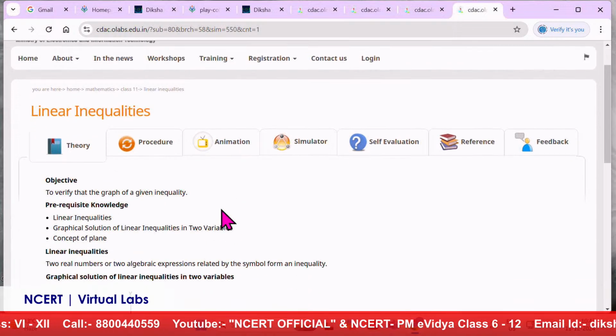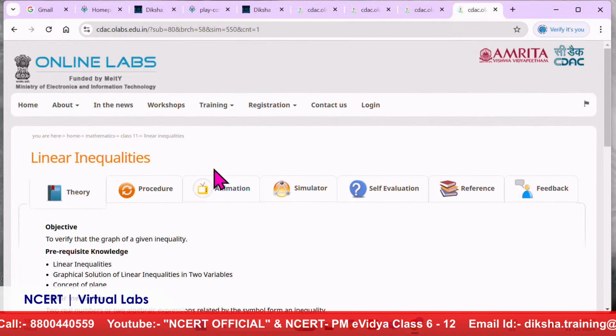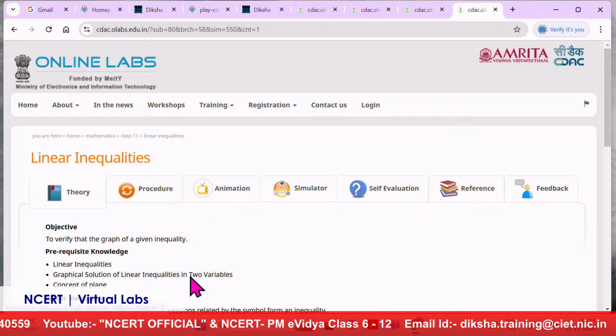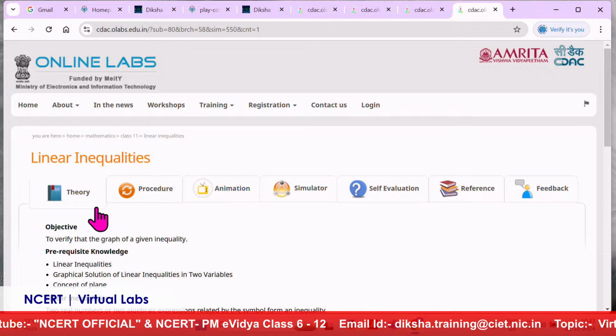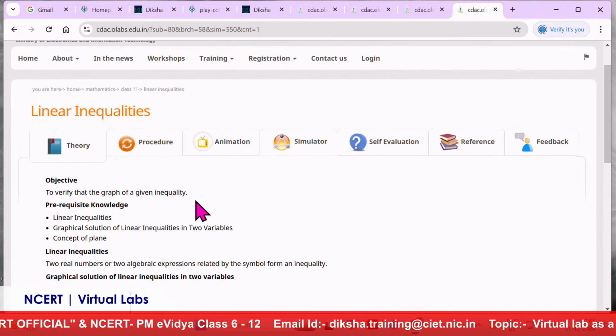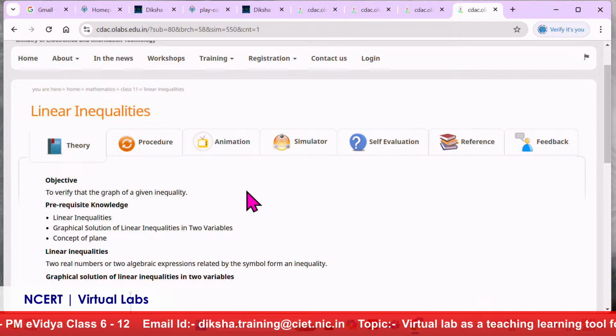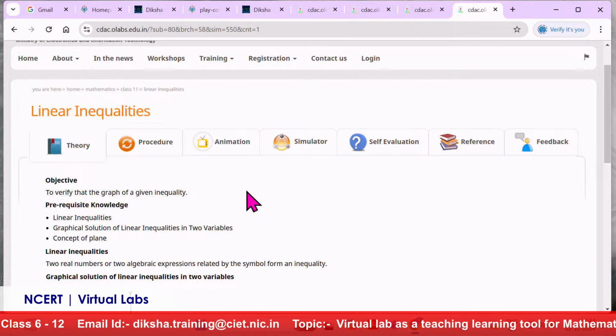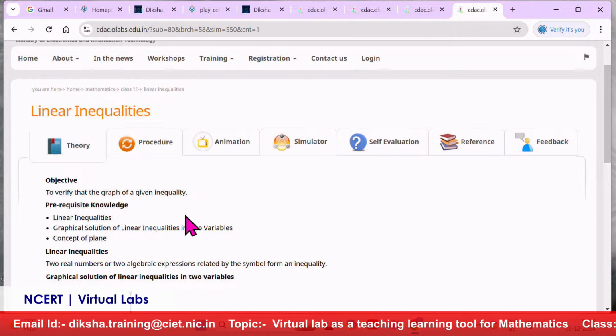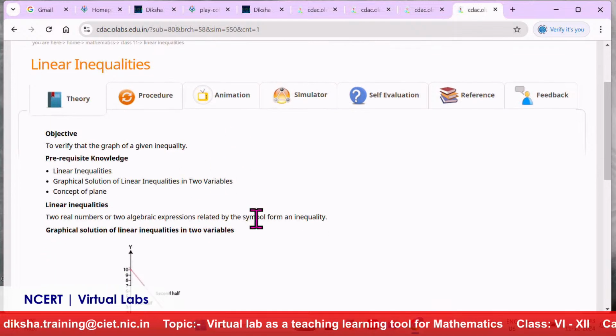So what we are going to learn in this experiment, I am taking this example from class 11th. This is the topic linear inequalities, which is very difficult to understand in the classroom. We are going to verify the graph of the given inequality.